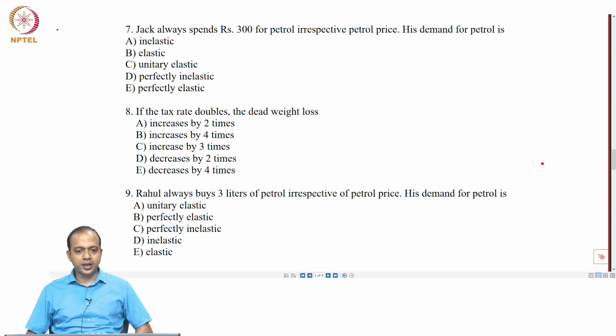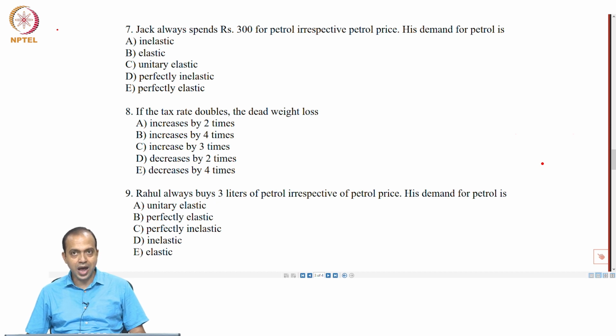For example, when price goes up, you have to proportionately reduce your petrol consumption so that your expenditure remains the same at 300. If price goes down, then you have to proportionately increase your petrol consumption so that total expenditure remains the same, right.